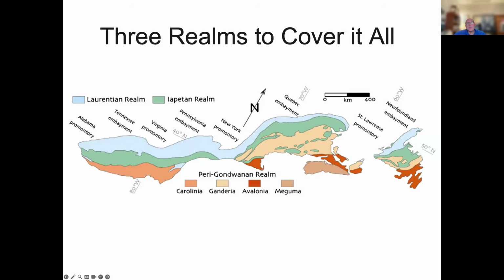And then this Iapetan realm, it really focuses on this mainly oceanic and magmatic arc. I'll use that word arc a lot. And maybe I should just stop right now and explain how I'm using that. So we think of magmatic or volcanic arcs because a lot of them end up having a view from space to be arcuate, kind of like the Aleutians archipelago or the Indonesian archipelago or Japan.